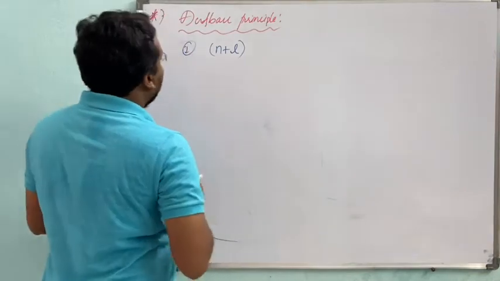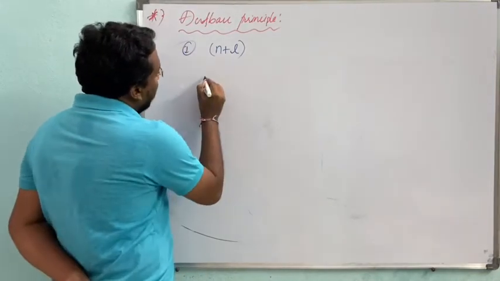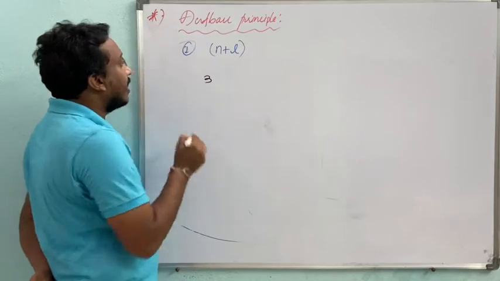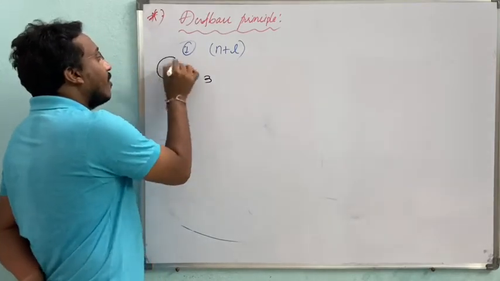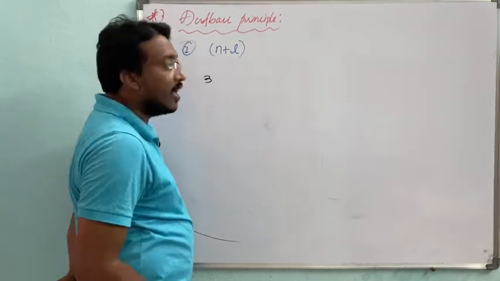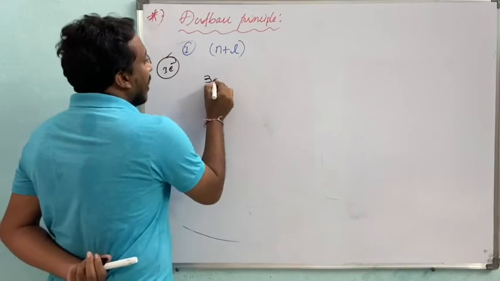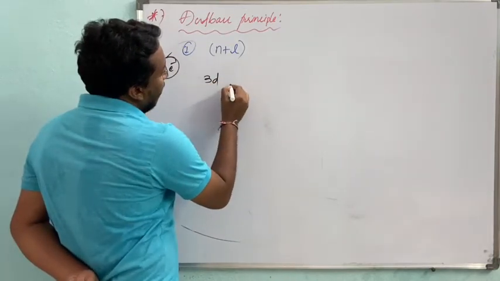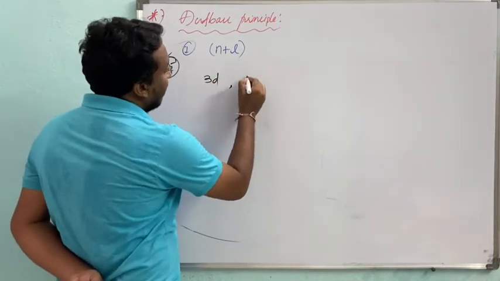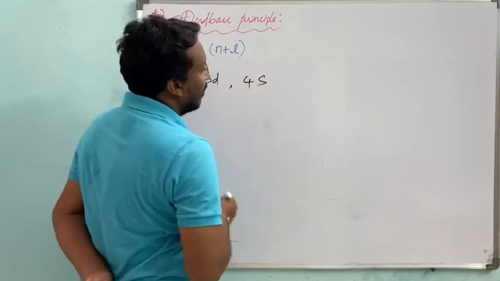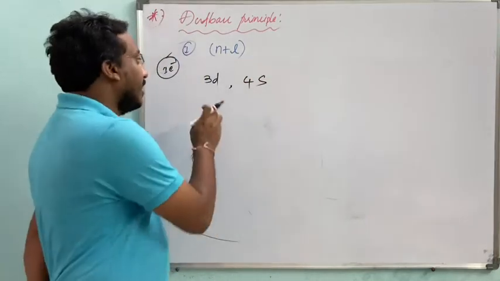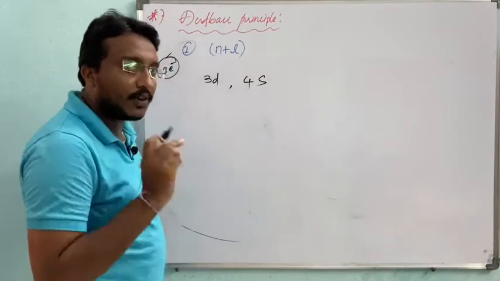I will give you one example. For example, you have one extra electron and want to fill it. In which orbital? You have a choice of the 3d orbital or the 4s orbital.